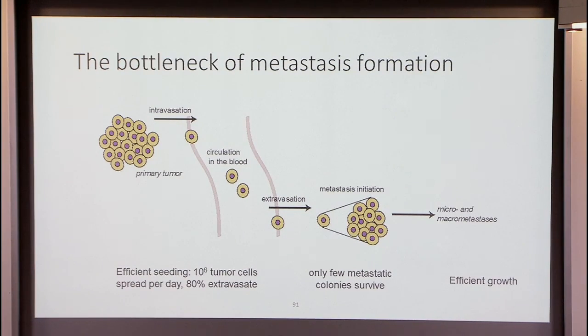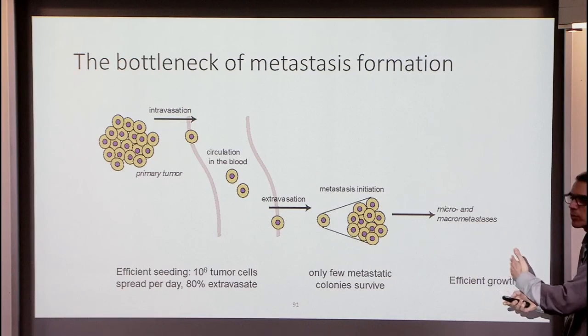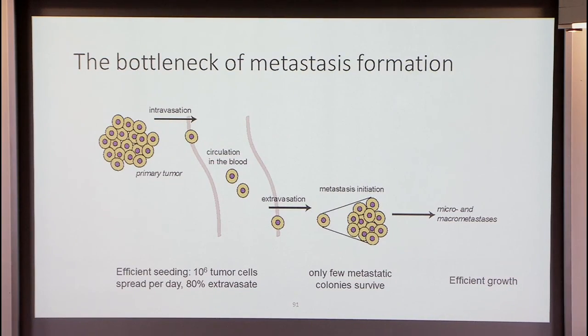So in a way, this is a process I think we need to understand at this high level, in terms of the stochastic processes that happen through all of these different bottlenecks. And of course, we would also like to go back to the molecular profiles and understand whether, from the molecular composition of these cells, we can predict any of these steps or the abilities of the cells to go through these steps.